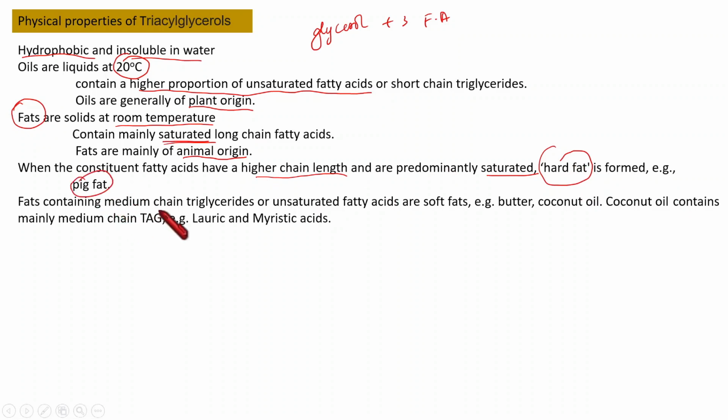And those fats which have medium-chain triacylglycerols or unsaturated fatty acids give more loose packing. That's why they are known as soft fats, or their texture and consistency is soft. Examples are butter and coconut oil. Coconut oil contains medium-chain triacylglycerols. Examples of the fatty acids we can find in coconut oil: lauric and myristic acid.